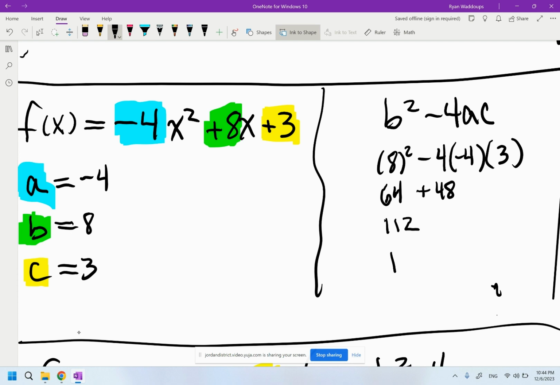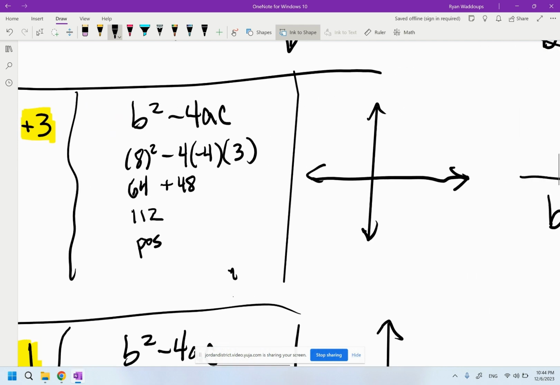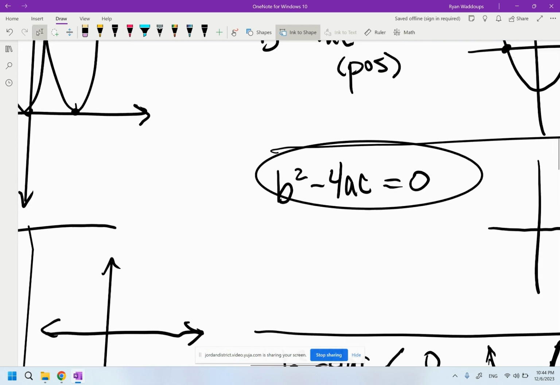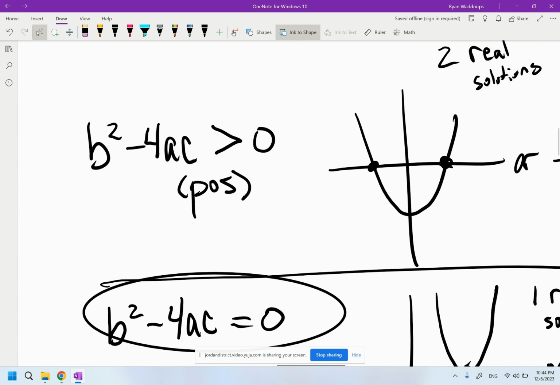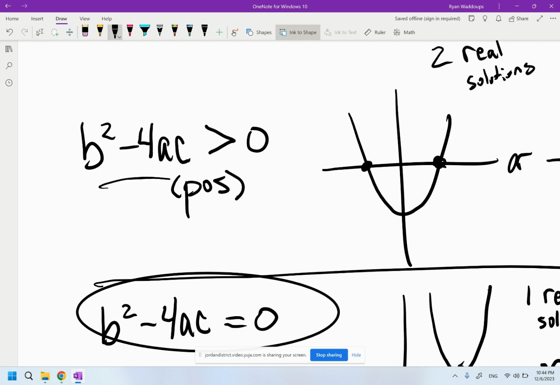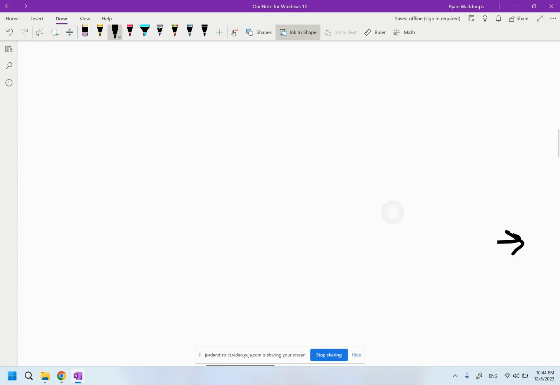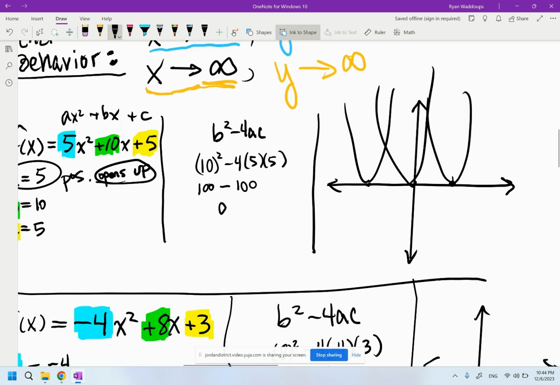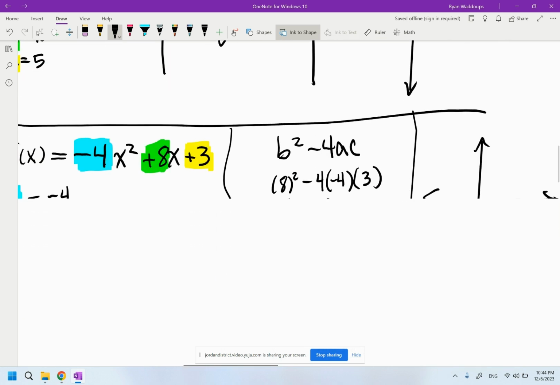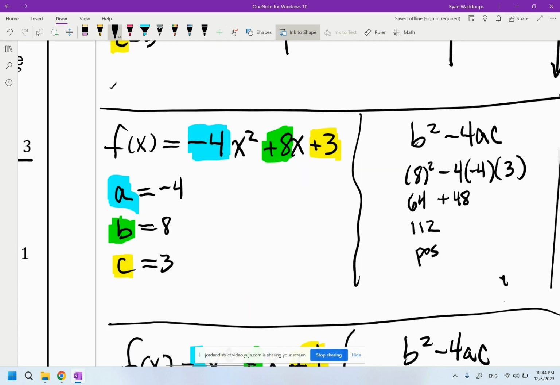Okay, so what do I know? Well, I know 112 is positive. And so I go over here and I say, what happens? Oh, well, when my discriminant is positive, it's going to look like this. Either it's upward facing or downward facing, and it's going to cross at 2 places. So go back here, and I ask myself, what else do I know?